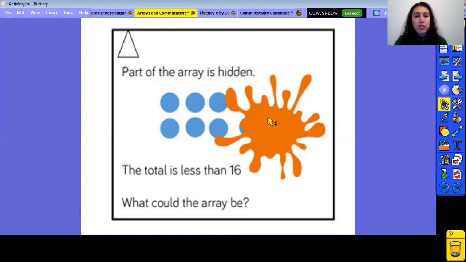Remember, the blue counters altogether is less than 16, and you can see that it's got 2 counters going down, so it's only got 2 rows. And remember, those rows have to be equal because our equal groups is what multiplication is all about.